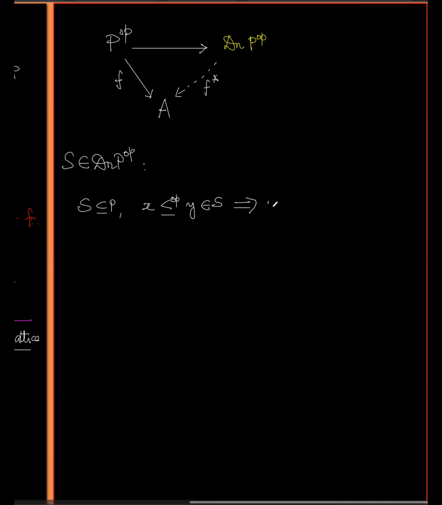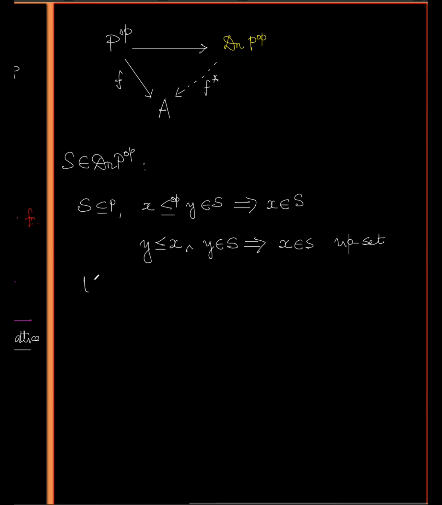Then it means that x is in S. Now if you unfold this, this becomes that y is less than or equal to x and y is in S implies x is in S. So this is typically kind of saying the dual of a down set, so we often call it an upset. And the set of all such things is obviously denoted by upsets of P.